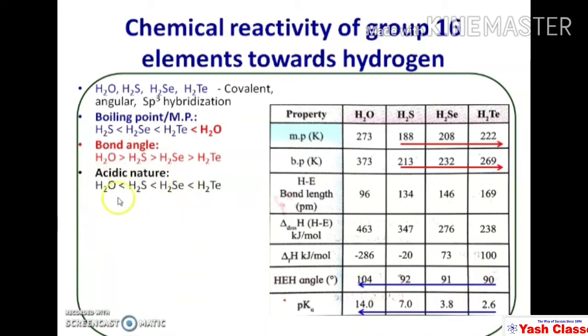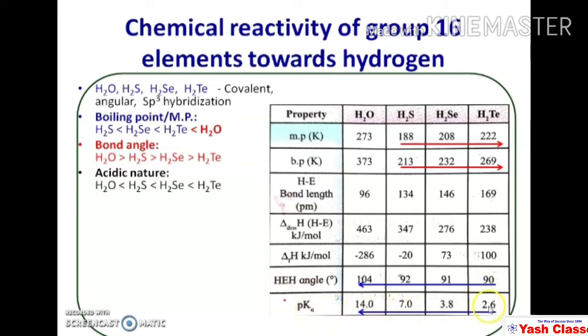Then acidic nature. Acidic nature of hydrides increases from water to hydrogen telluride. So here we can compare the pK value. Acidity is expressed in terms of pK. pK is the negative logarithm to the base 10 of K, the dissociation constant of acid, and the smaller the value of pK, the greater is the acidity.